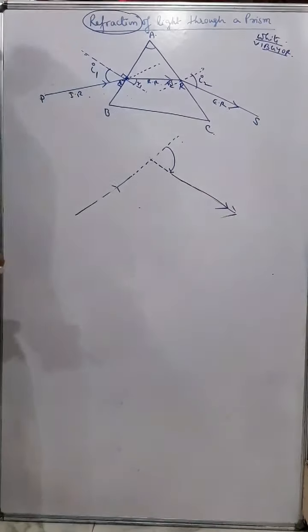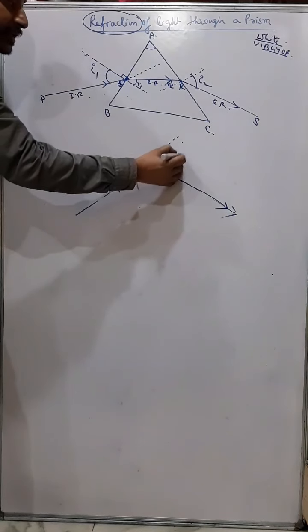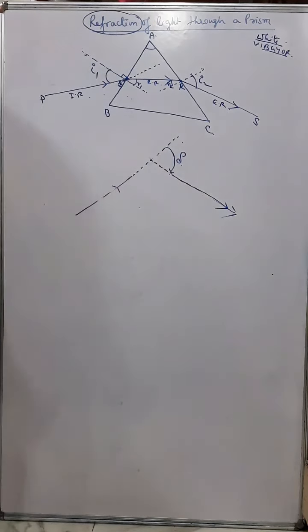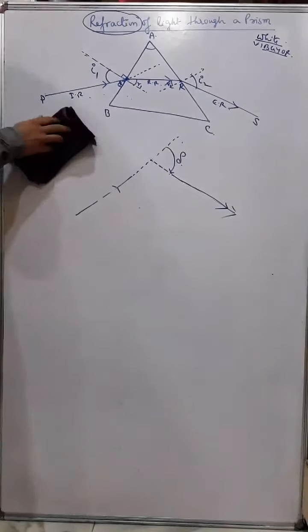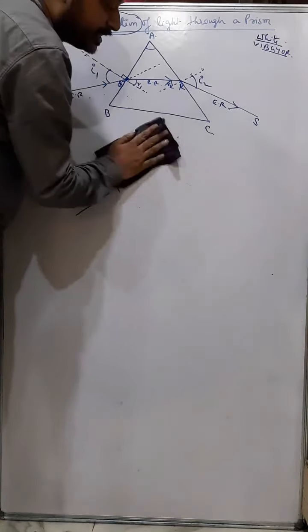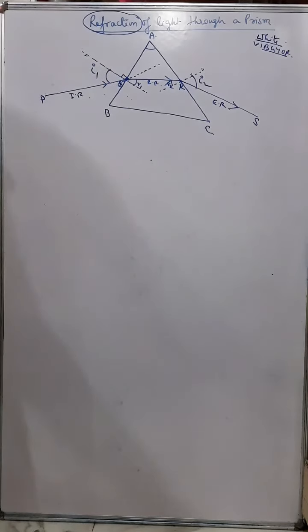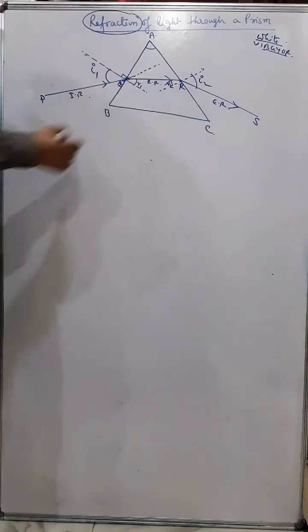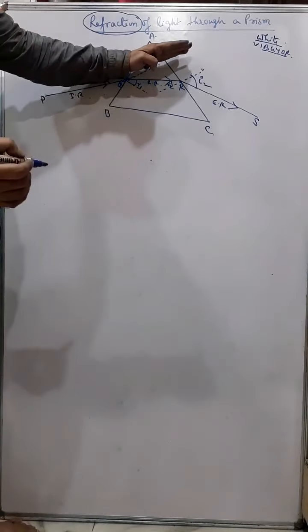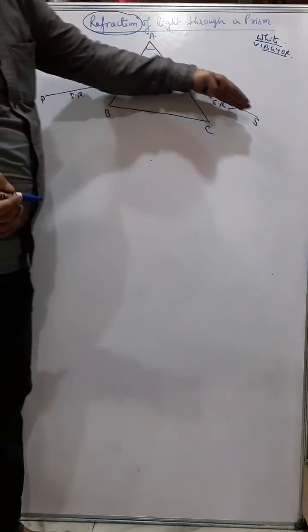So I can see the incident ray is actually bending this much, and then it is following this path, and this angle is known as the angle of deviation of the prism. It is denoted by the small letter delta. In this diagram you can understand: this is the original path of the light, and the light, instead of going in this path, is bending and emerging out in this path.